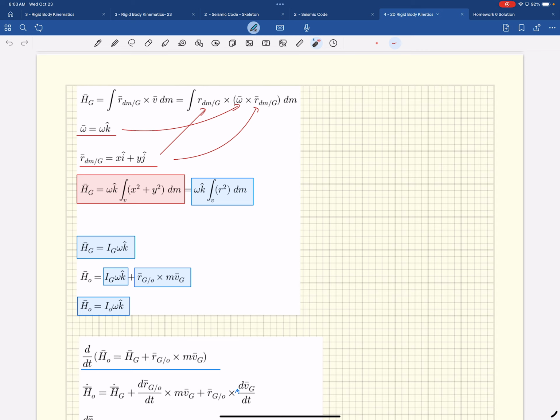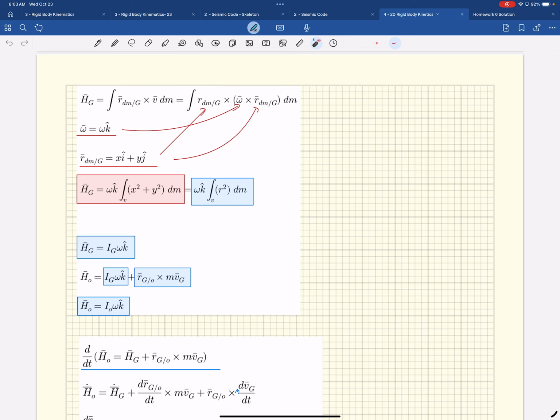When we did that, if we do this differentially, looking at the angular momentum about the mass center and summing it up over the height of the object, constrained to the x and y direction, what popped out was that the angular momentum of an object around its own mass center is the integral of r squared dm times omega.